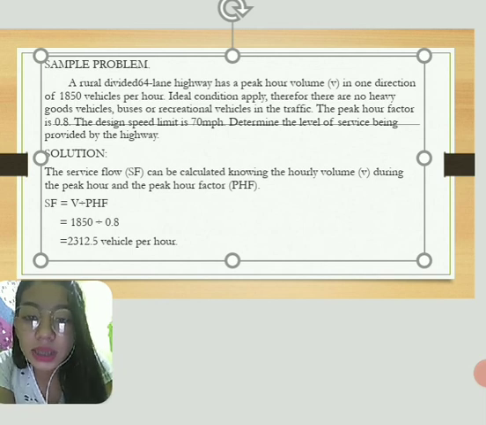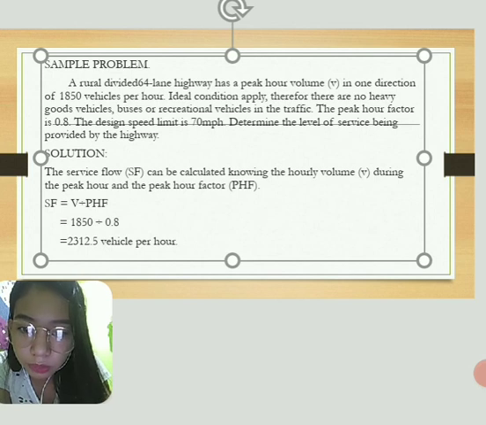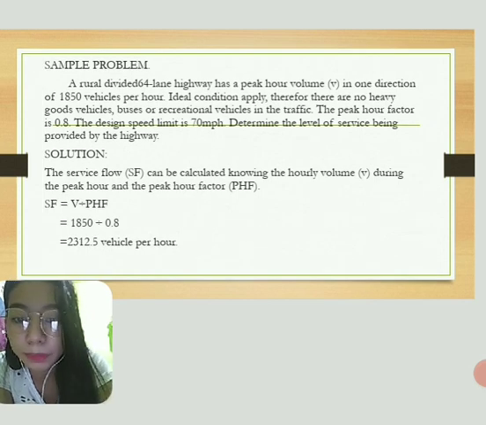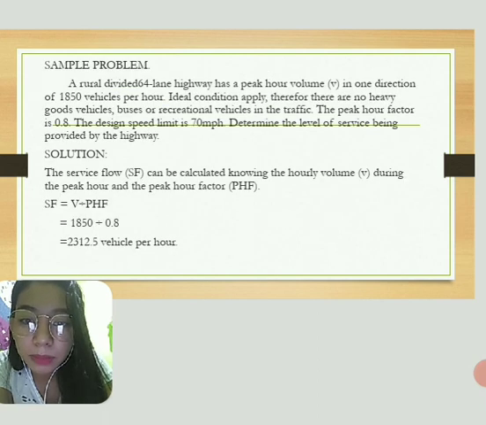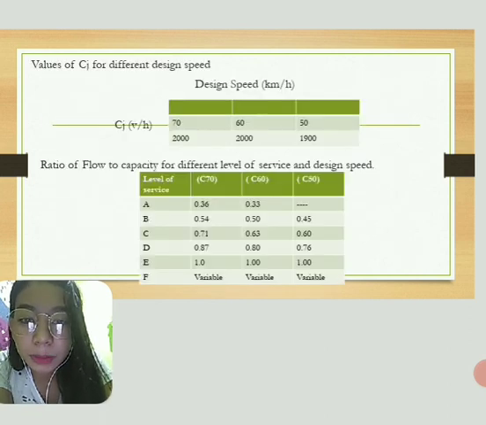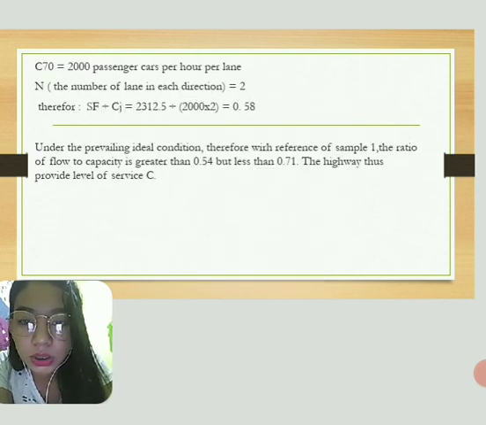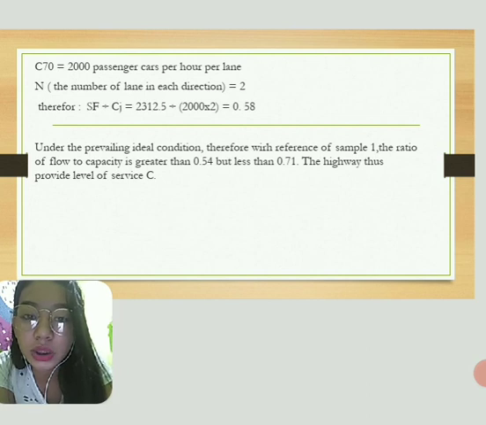The result is 2,312.5 vehicles per hour. Since the problem gives a design speed of 70 kilometers per hour, in the table CG is 2,000 passenger cars per hour per lane. The number of lanes in each direction, N, is 2.